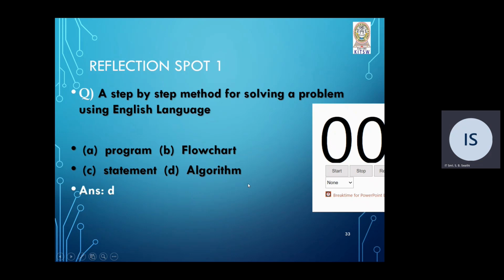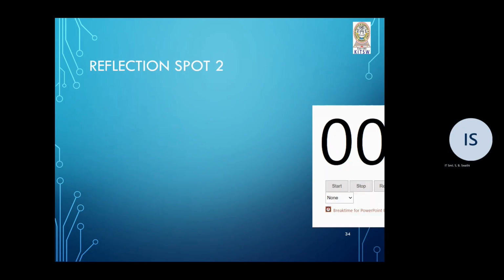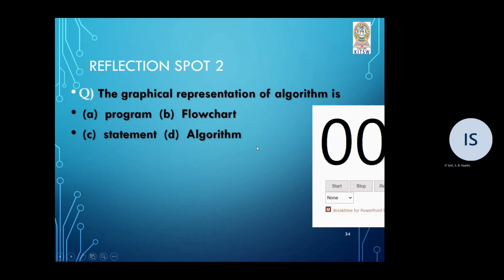So the answer is algorithm. One more question. The graphical representation of an algorithm is called as. Try to identify the answer. The answer is flowchart.